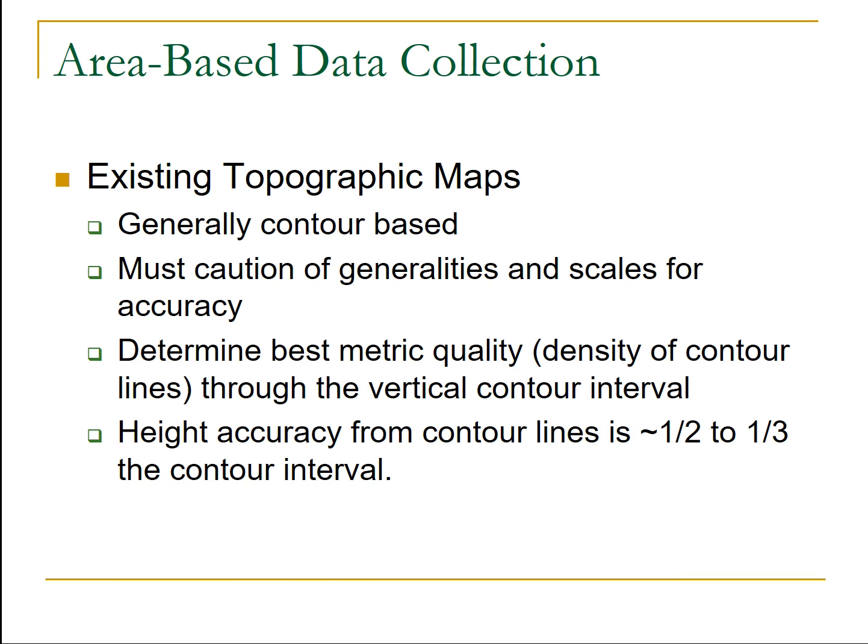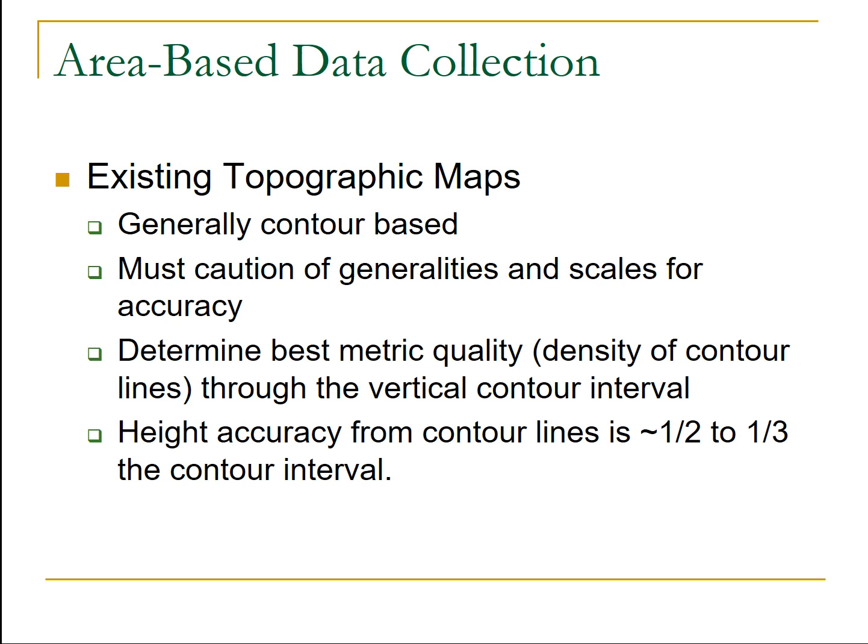So other types of area-based data collection is existing topographic maps. If you already have an existing map, you can go out and access it and take a look at it. Generally speaking, the ground doesn't change that much over a few years, but over decades or centuries, then yes, it definitely does change more.